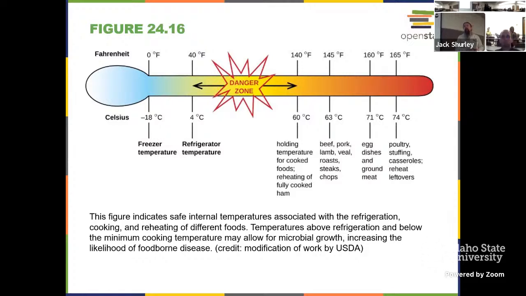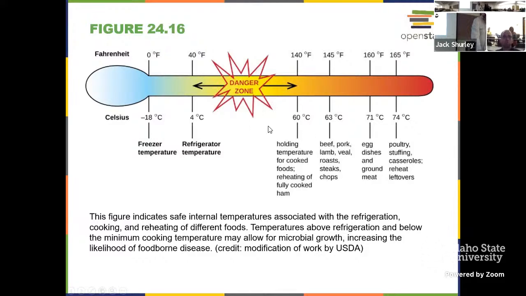Not every mechanism is going to kill pathogens. It depends on what you're doing, all right? There are all sorts of details as we look at this thermometer. The danger zone is in between 4 degrees and 60 degrees Celsius, or 40 to 140 degrees Fahrenheit.